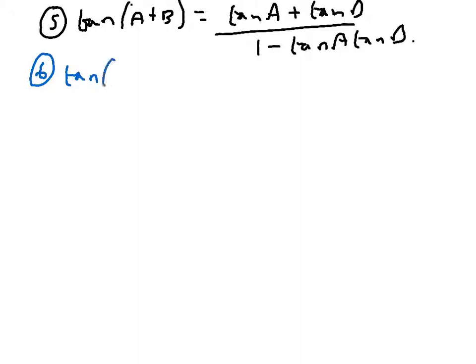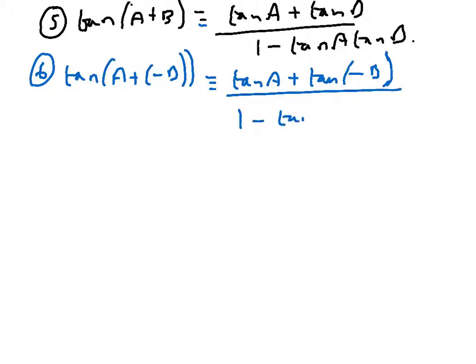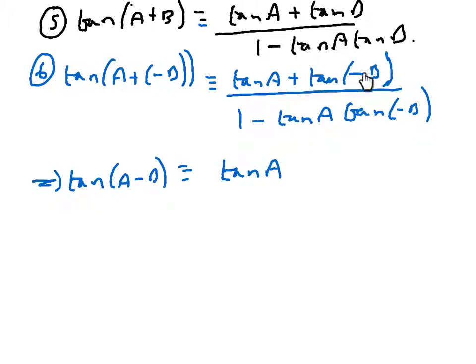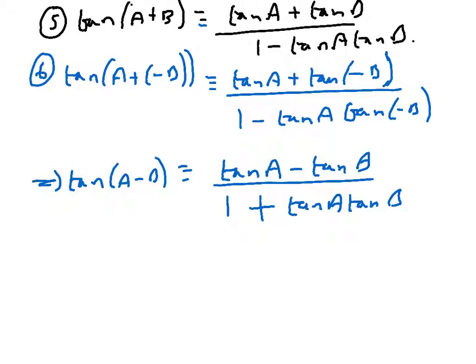I can find the opposite sign, so I want the tan(A − B) identity this time. tan(A + (−B)) is always equal to tan A plus tan(−B), all over 1 minus tan A tan(−B). So this means that tan(A − B) is always equal to tan A plus tan(−B). Tan is an odd function, which means that f(−x) equals −f(x), so this turns to a minus tan B, all over 1 minus, but it's not a minus anymore because again I have tan(−B), so that would make it a plus tan A tan B. And there we go, we have the final addition formula.